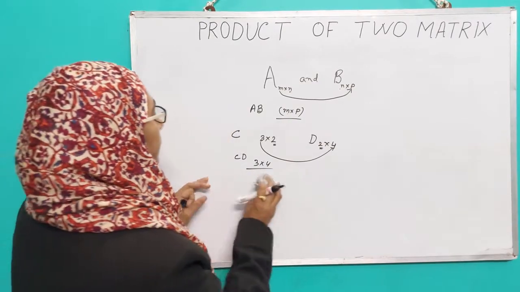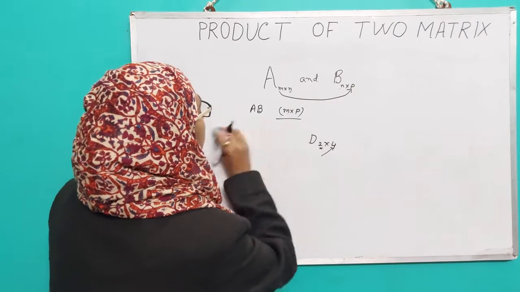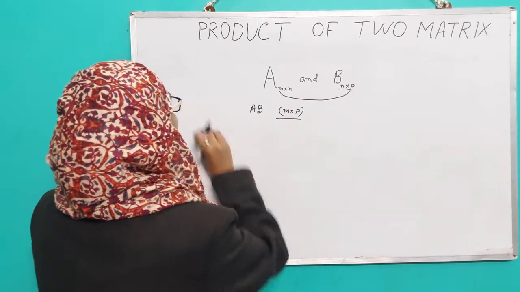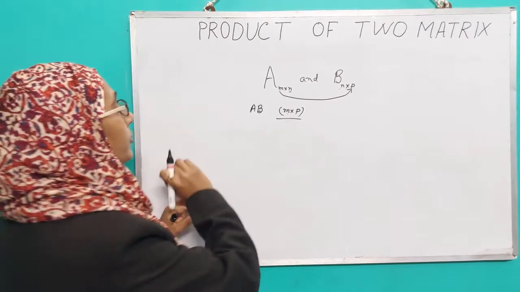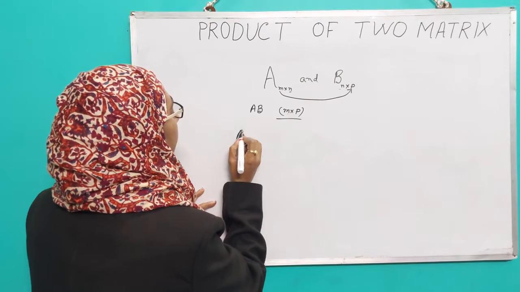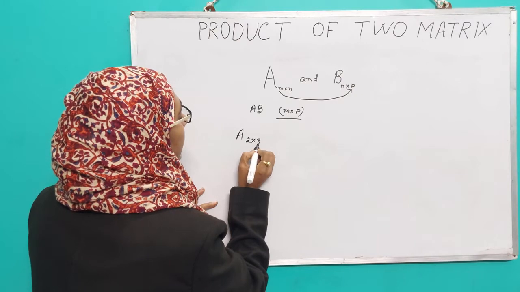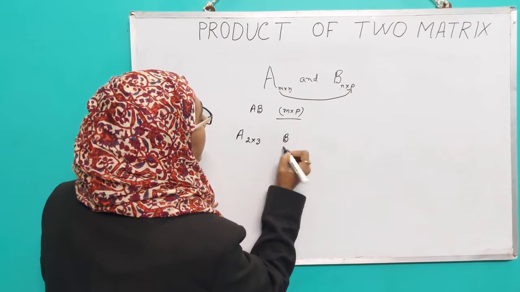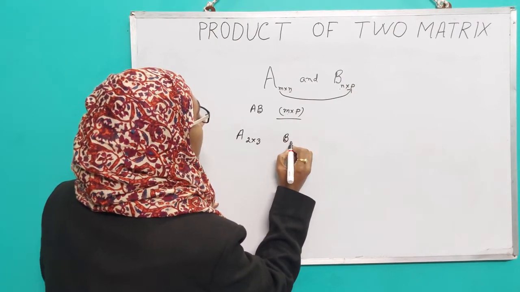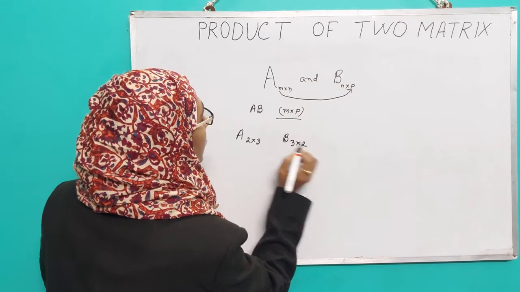Now, one question for you. Suppose a matrix A is of order 2 by 3 and B is of order 3 by 2.